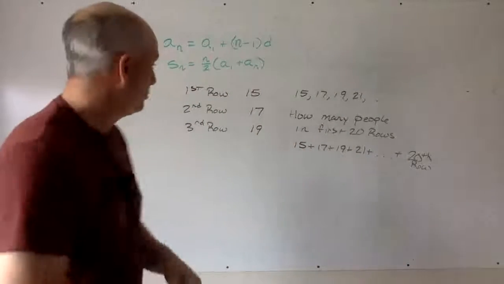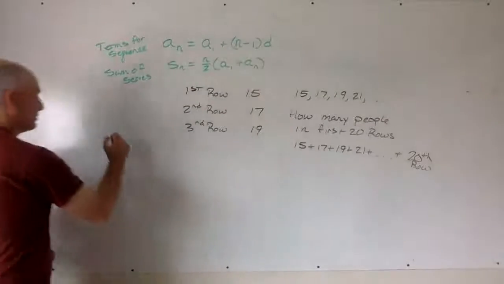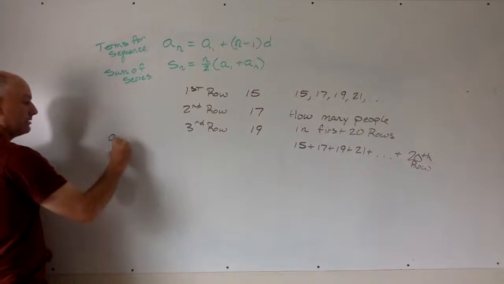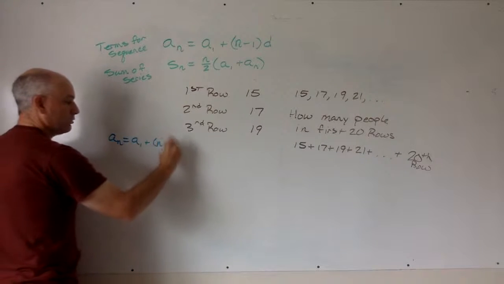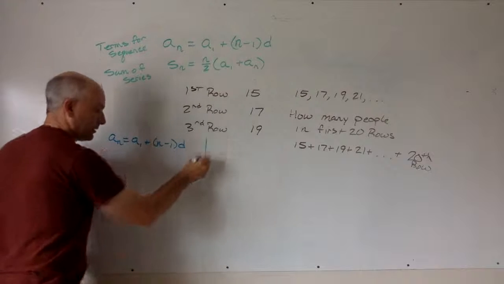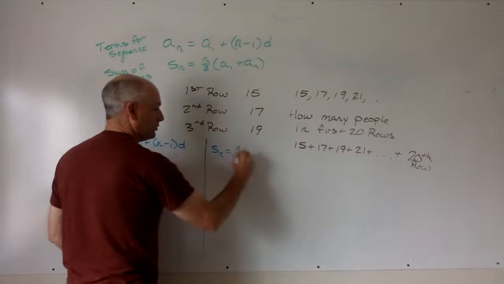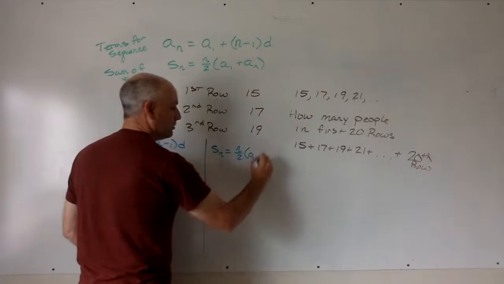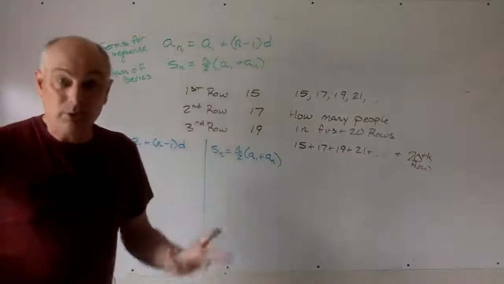So again, let's do the same thing. I'm going to write down my 2 formulas. A sub n is equal to a sub 1 plus n minus 1 times d. S sub n is equal to n over 2 times a sub 1 plus a sub n. Okay, so I'm just giving myself my roadmaps.